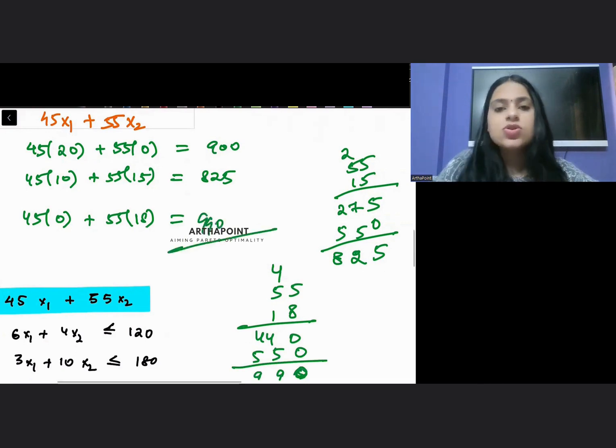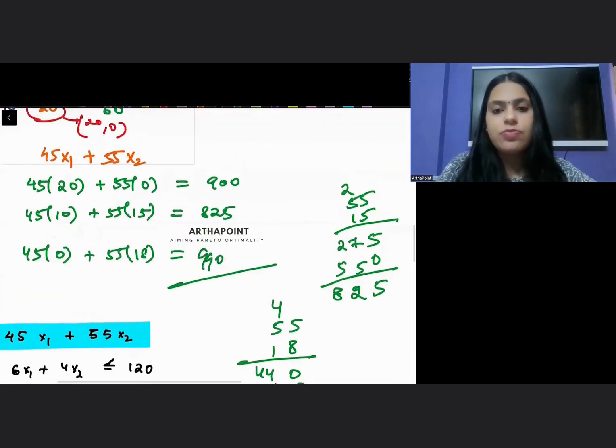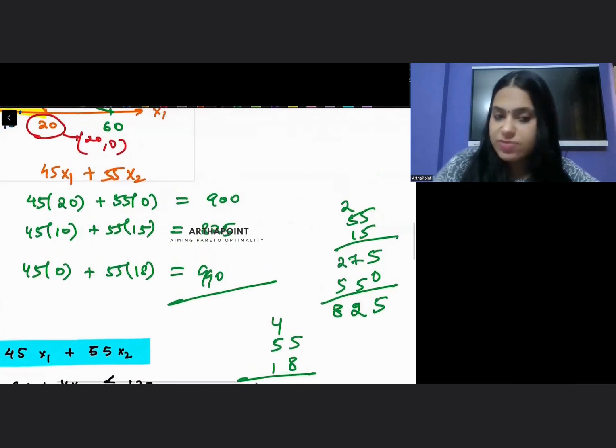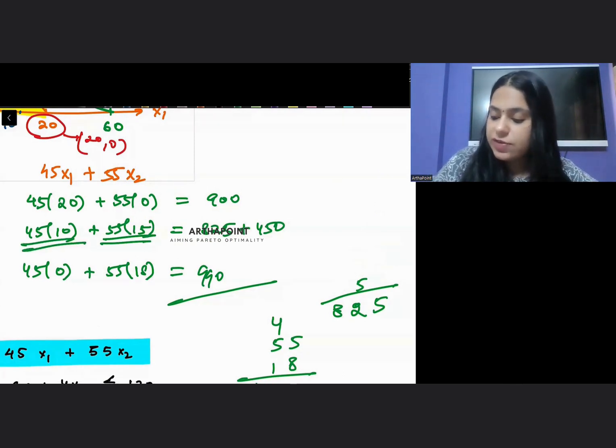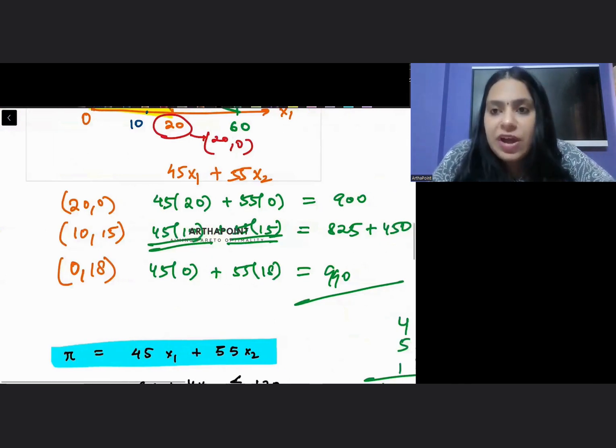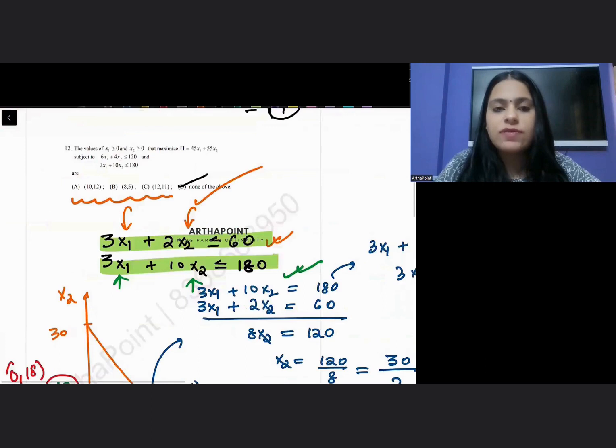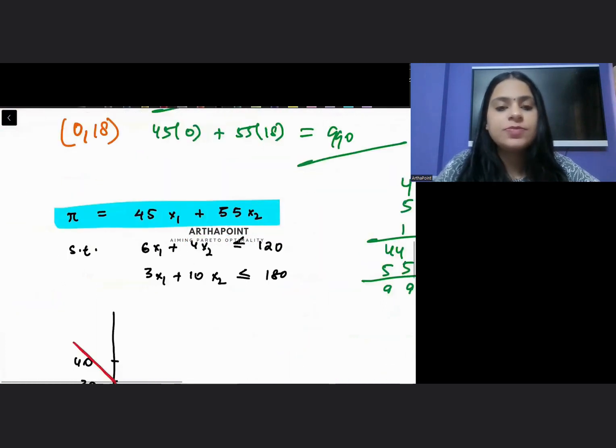Wherever your profit would have been maximum would have been the answer to this question. But anyhow, these options are not available, so the answer is none of the above.